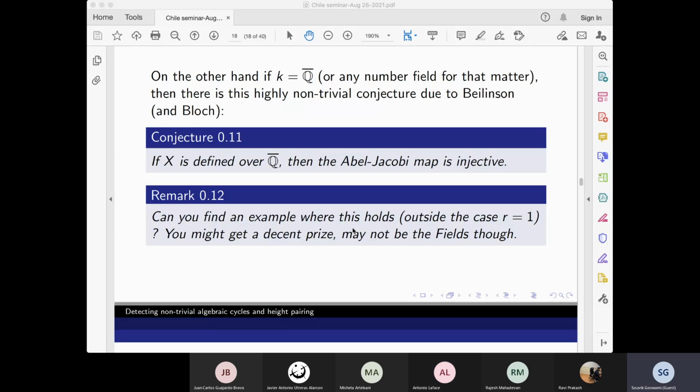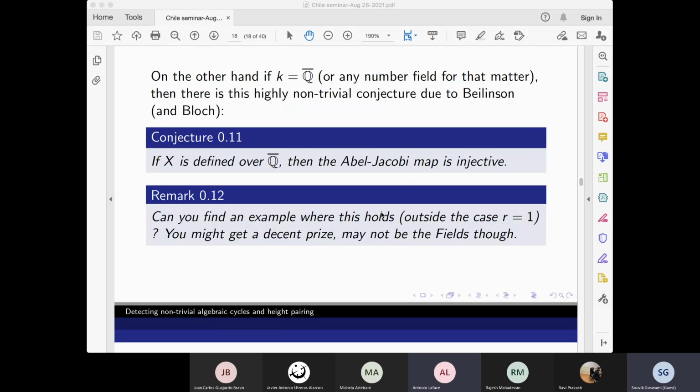In remark 12, I want to... you mean? So if you take P^n over a number field, then the map is injective, no? Or maybe I'm confused.